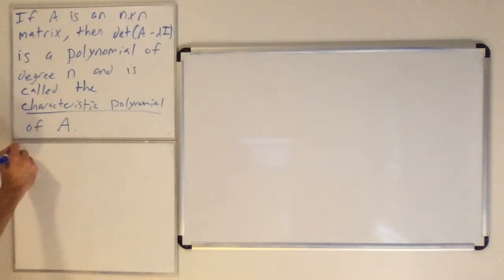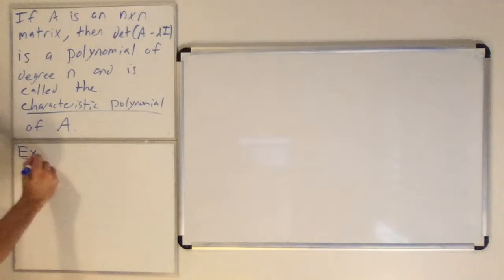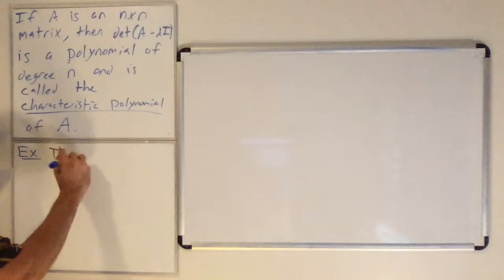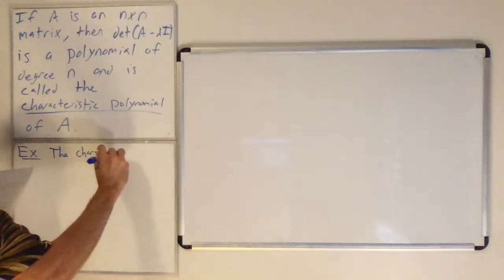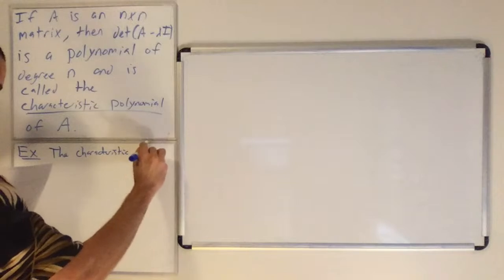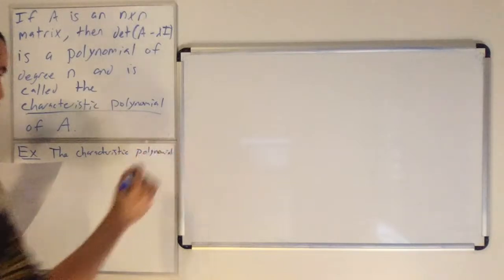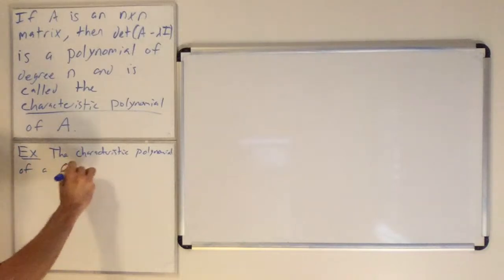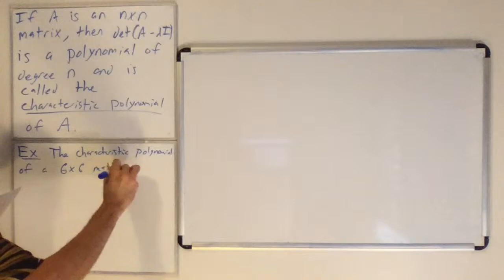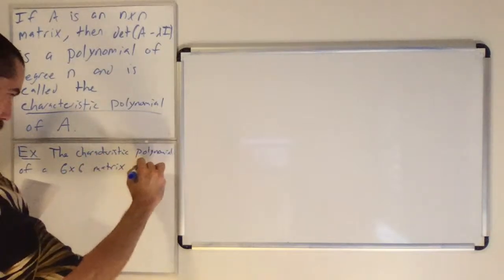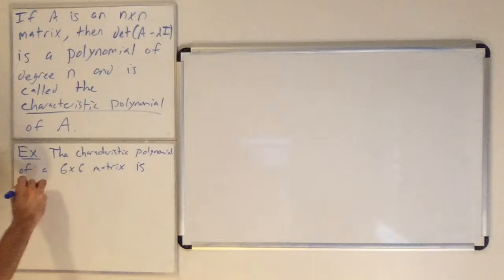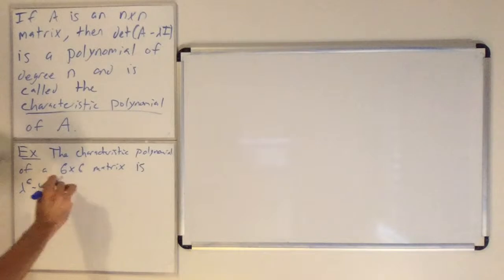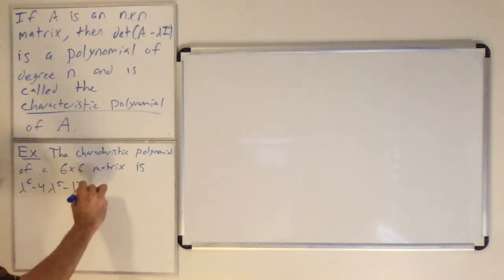So, for example, let's say the characteristic polynomial of a 6 by 6 matrix is lambda to the 6th minus 4 lambda to the 5th minus 12 lambda to the 4th.